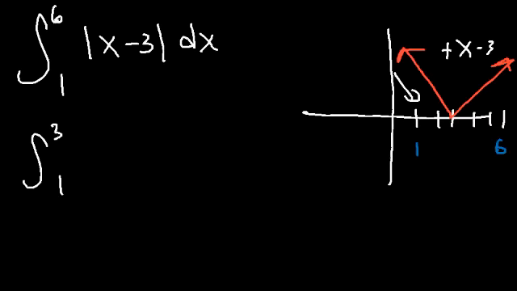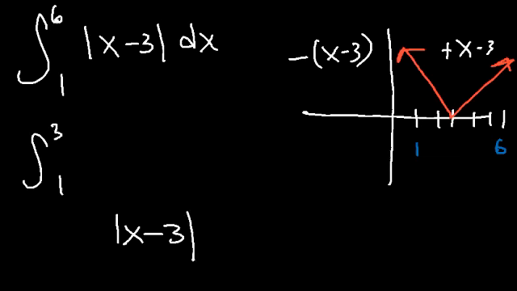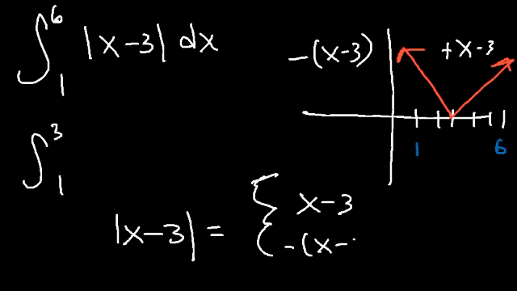It turns out that the left side has the equation negative x minus 3. So whenever you have an absolute value expression, you can break it up into two smaller equations. In terms of a piecewise function, it's going to be x minus 3 and negative x minus 3. It's negative x minus 3 when x is less than 3, and it's positive x minus 3 when x is greater than 3.